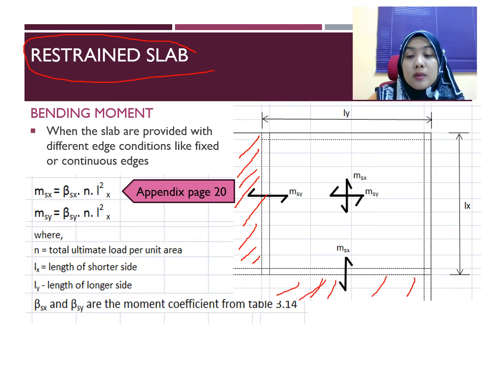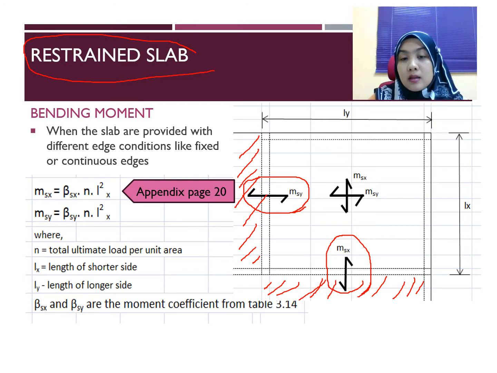So when you have continuous edges, you have a negative moment value. And this panel is in the corner, so this side is discontinuous and discontinuous. Okay, so you need to make sure that Ly over Lx is less than or equal to 2 so that you can design as a two-way restrained slab.